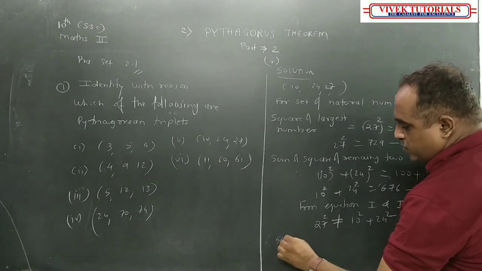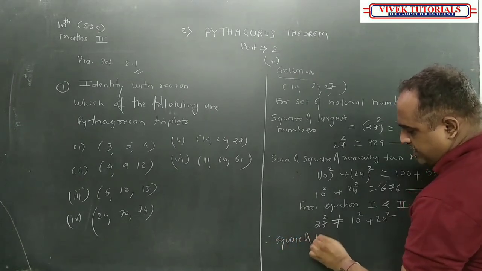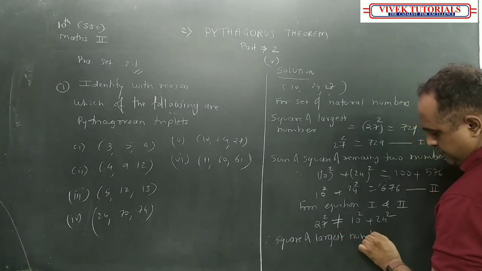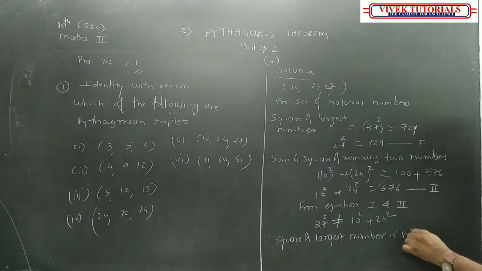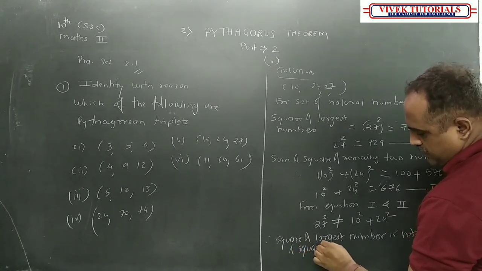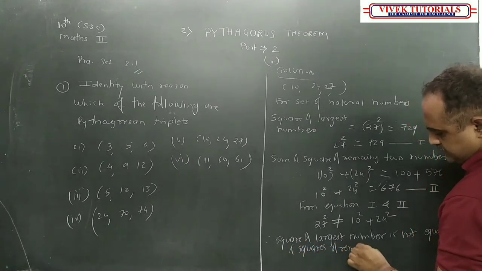Therefore, square of the largest number is not equal to the sum of squares of the remaining sides.